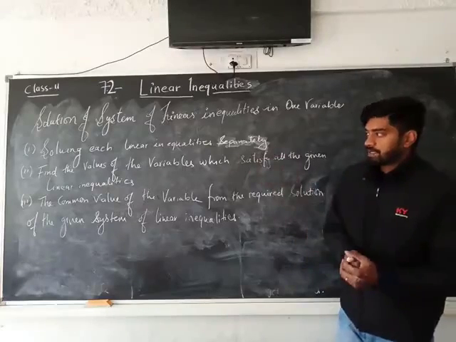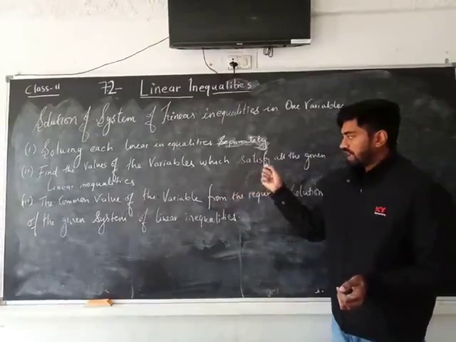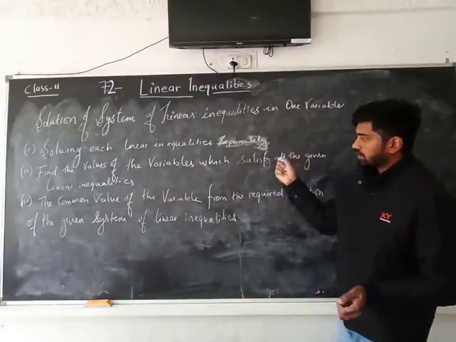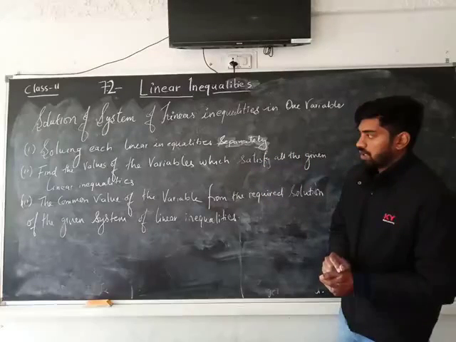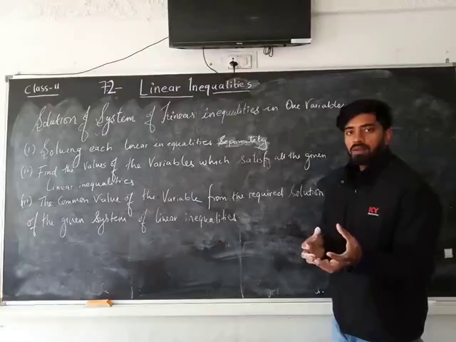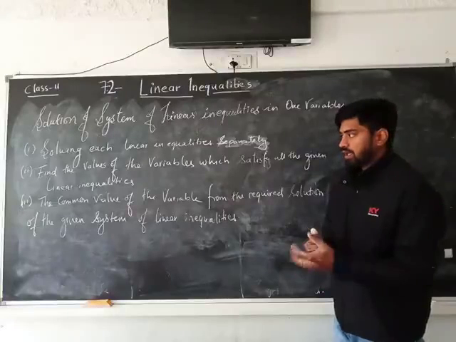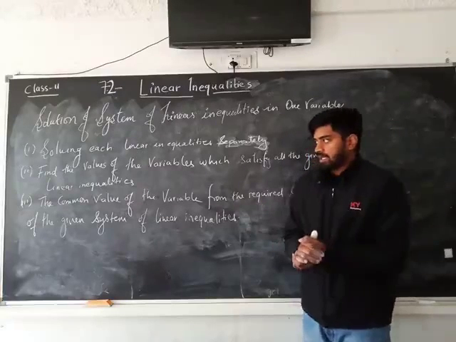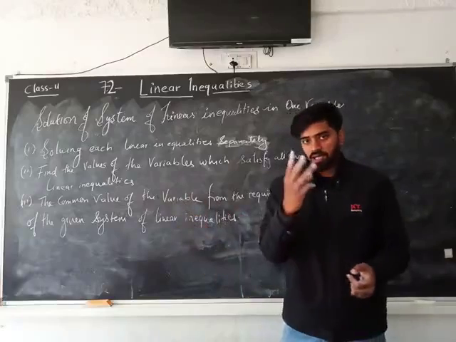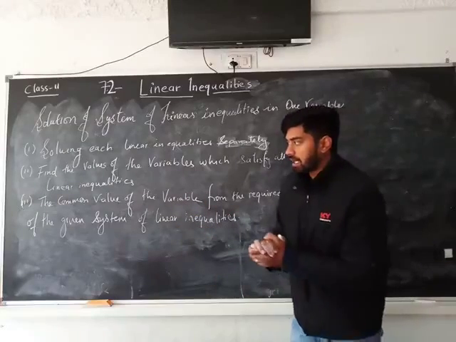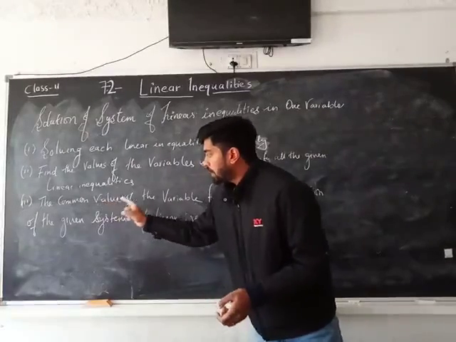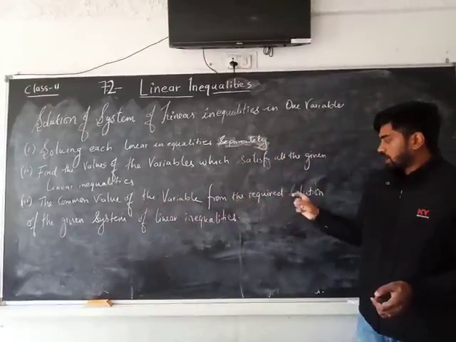The second step is to find the values of the variable which satisfy all the given linear inequalities. I have to find the variable x's solution set in both the cases, and then move forward. After that, the third step. What is the third step? The third step is to take the common value of the variable from the solutions.